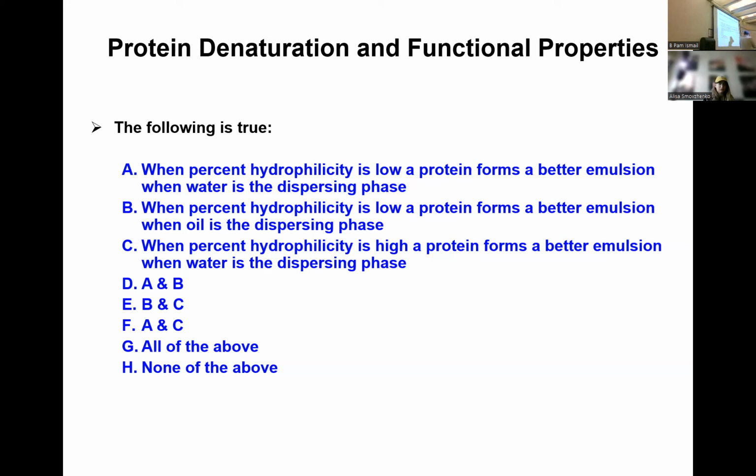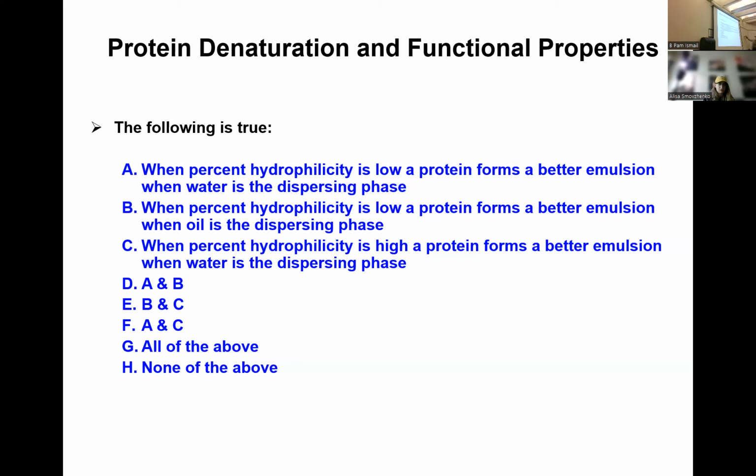So we're going to talk about emulsion later on. In an emulsion, you have what we call the dispersed phase and the dispersing phase. So this is the dispersed, and this is the continuous dispersing phase.